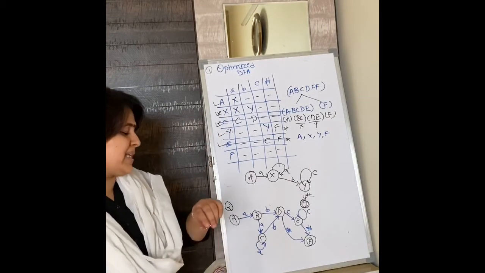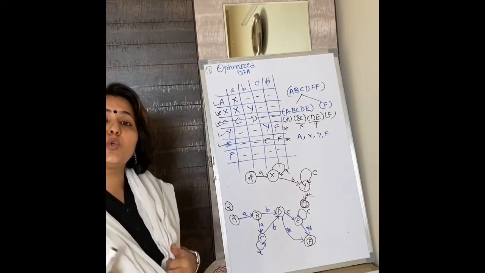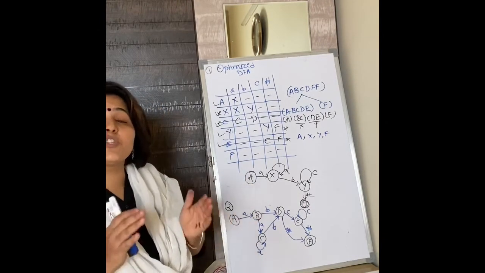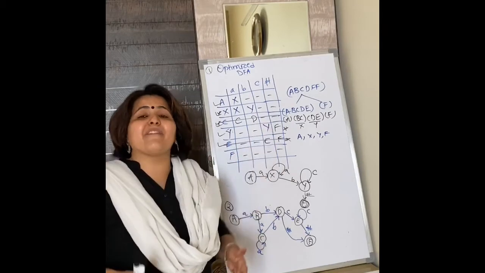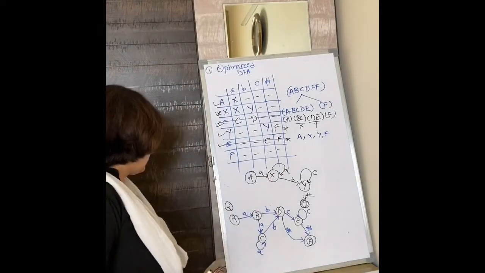Now let us quickly see how two regular expressions which look similar, but are actually syntactically different, may end up having the same DFA as well. So let us quickly discuss that.